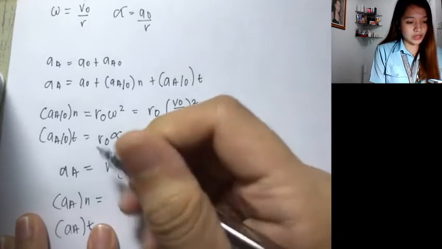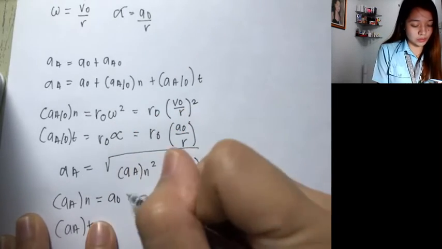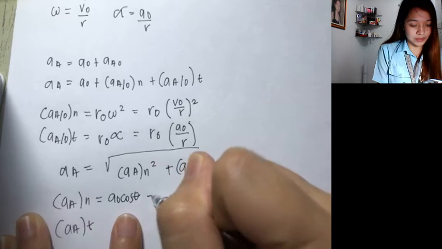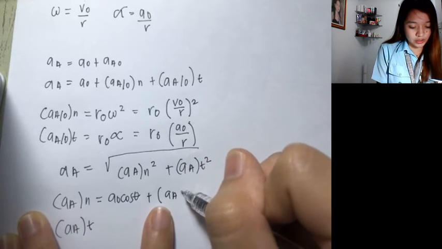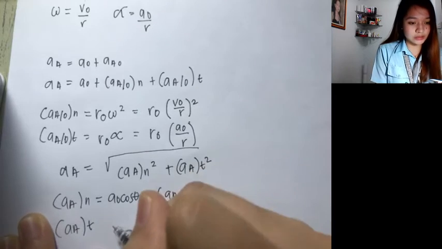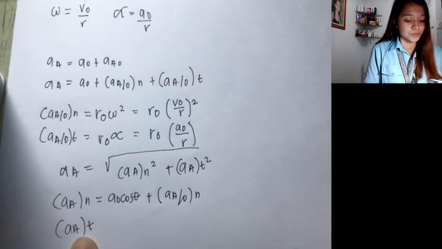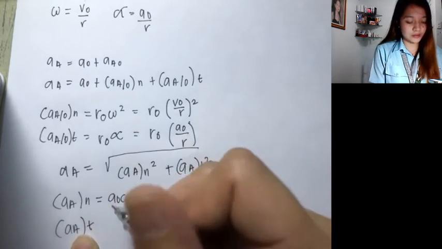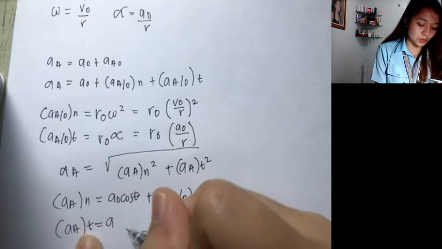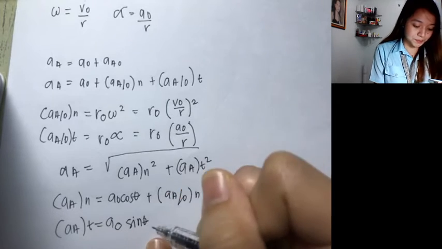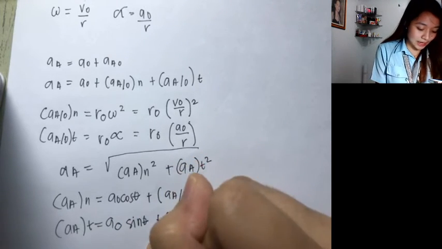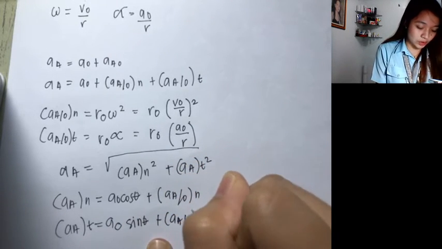For the normal component, we have a sub O cosine theta plus a sub A to O normal, and for the tangential component we have a sub O sine theta plus a sub A to O tangential.